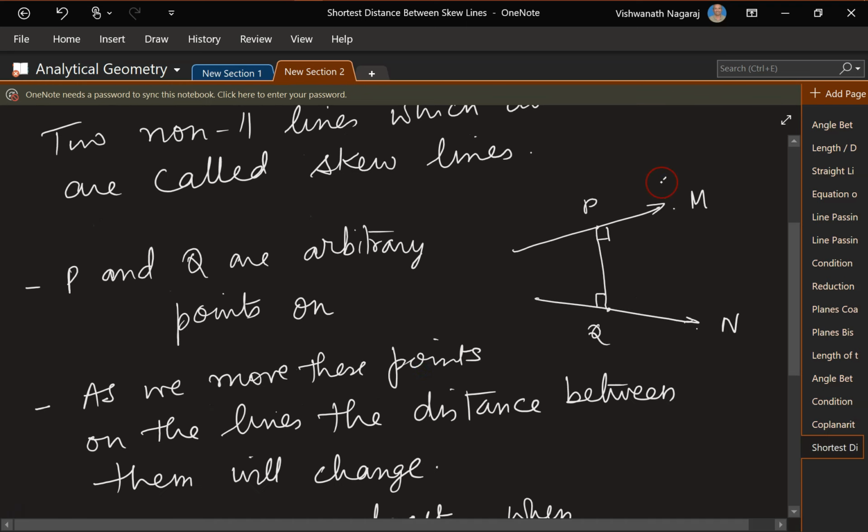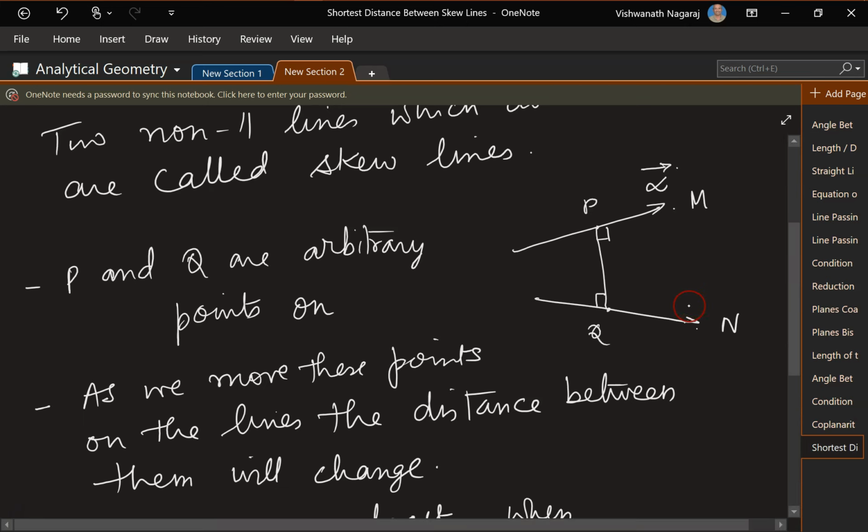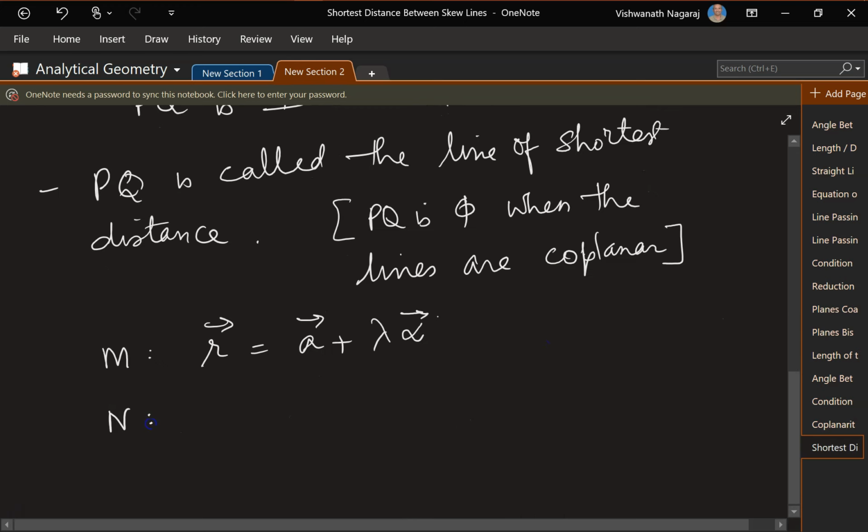So let's say there is a vector alpha along M, and there is a vector beta along N. There is another point A on M and B on N, and the position vector of A is a, the position vector of B is b. N would be r = b + mu beta.